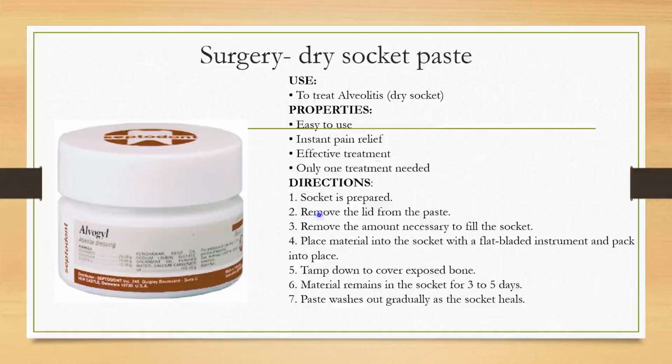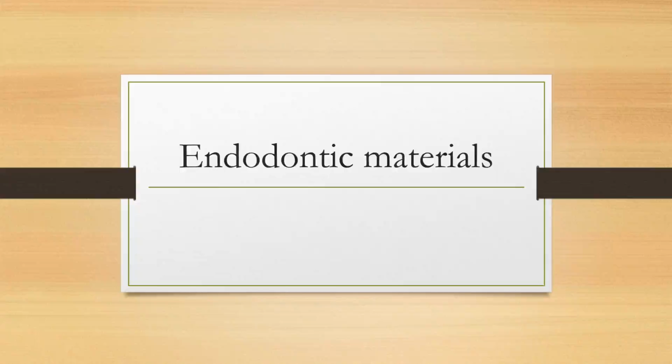So the socket has to be prepared, and then after the socket is prepared, you have to remove the lid, dispense the dry socket paste, and give it to the dentist. Usually use a cotton plier or a tweezer, and then they place it in the mouth. The material will remain there in the socket for 3 to 5 days, and it actually comes out as soon as the socket heals. It doesn't have to come back.